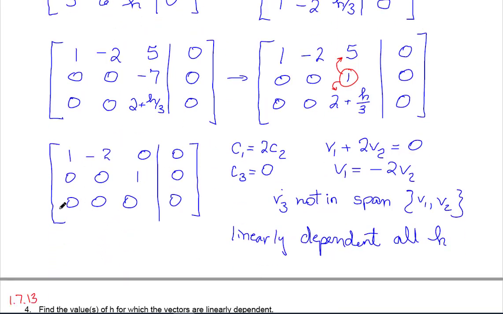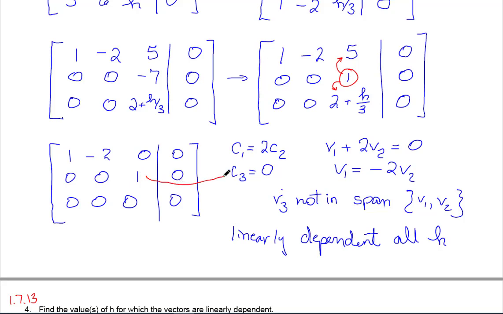I get a row of all zeros. So looking at H here, H was never in a position to be undefined. So solving this, I see C3 is 0 from this position.